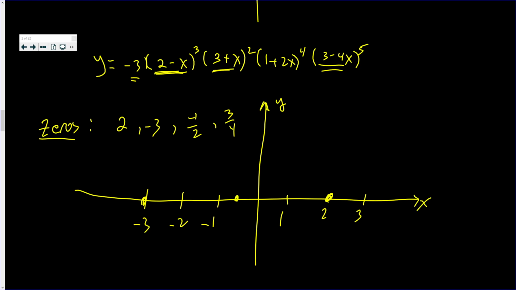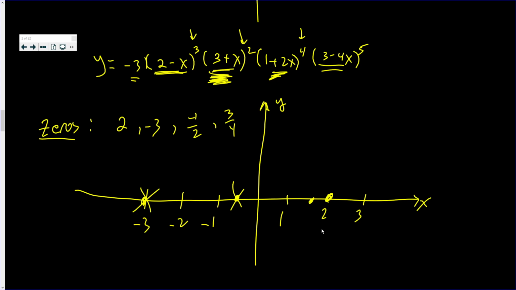And 3/4 is right here. Okay. Now, the ones that have an even exponent, I won't cross. That was when x is -3. I will not cross there. This is when x was -1/2. I will not cross there.